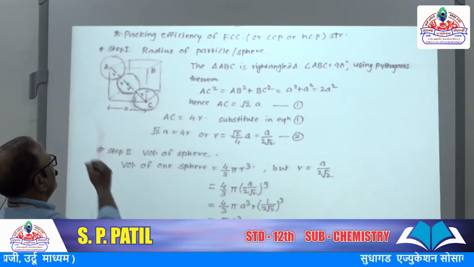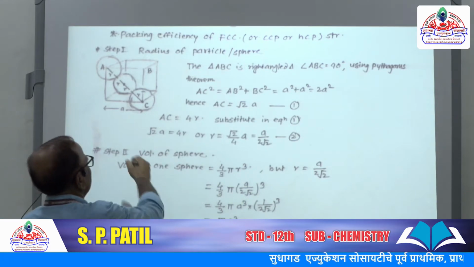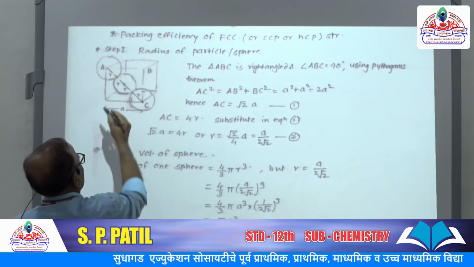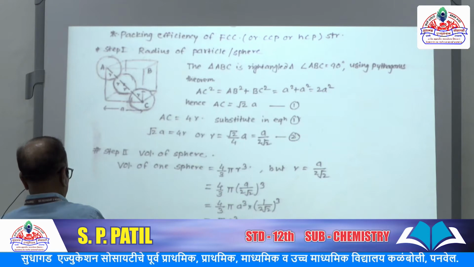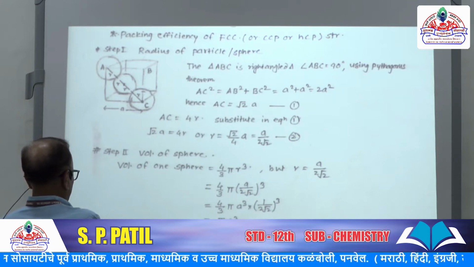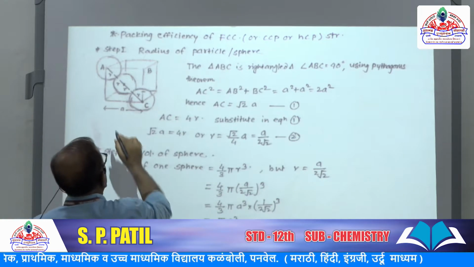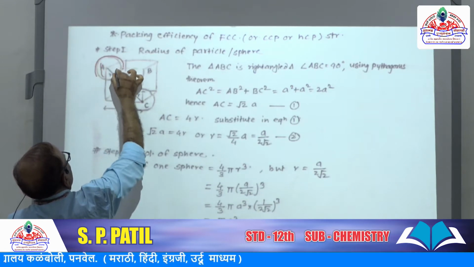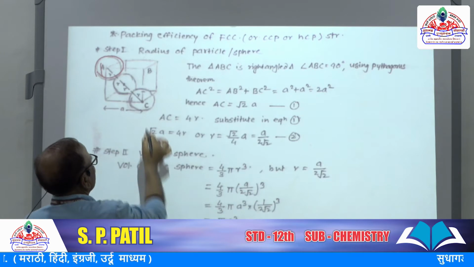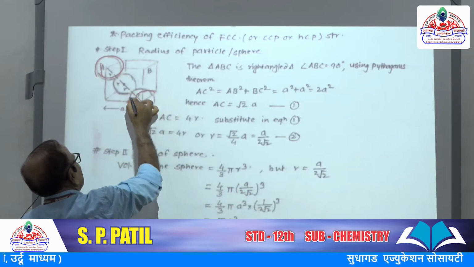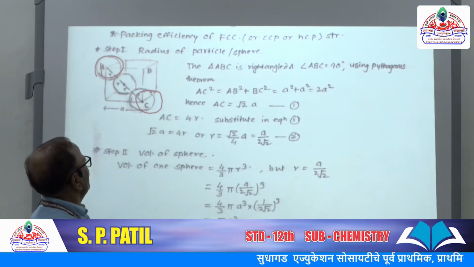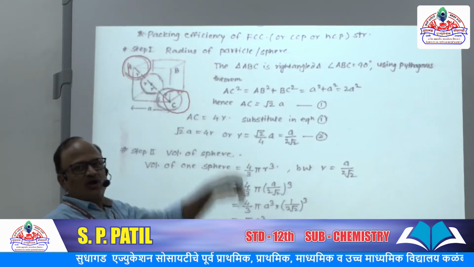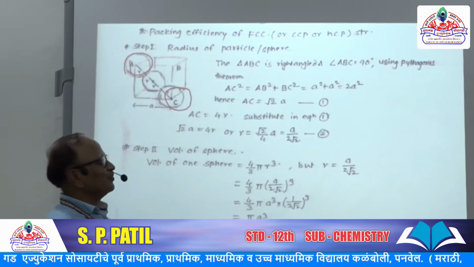Now here the structure is shown, a cubical structure, and in this cubical structure this is sphere A, and this is sphere C. Sphere A and sphere C are both at two corners of the cube facing front side to you.